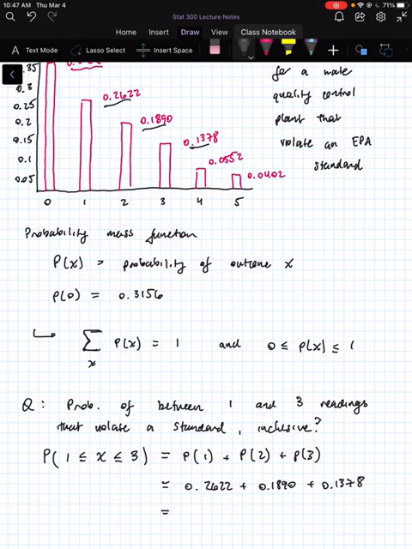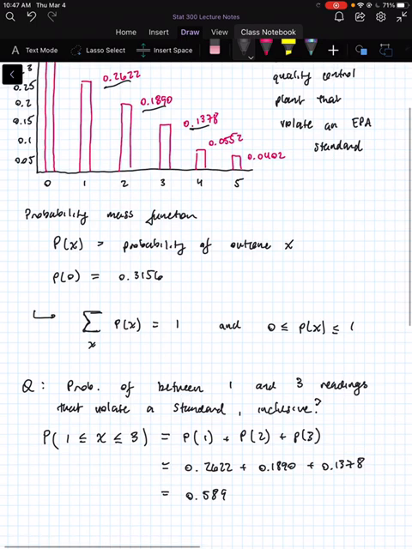And that should amount to, if you pull out your calculator, 0.2622, 0.1890 plus 0.1378. And I got 0.589, which is a valid probability.